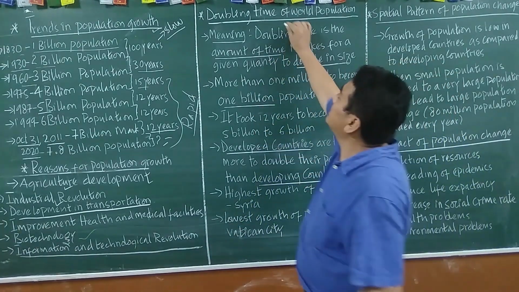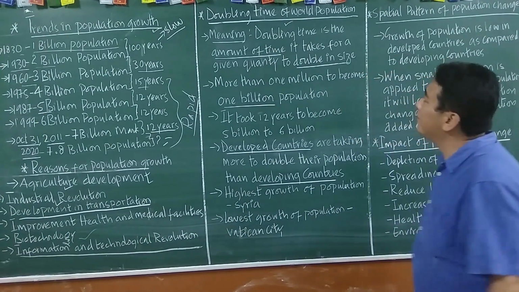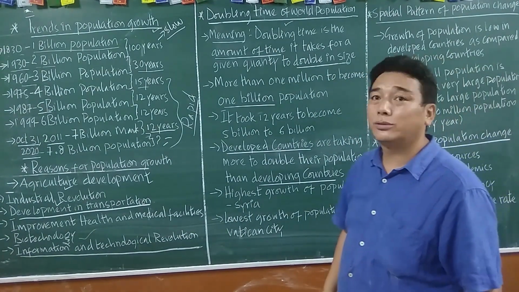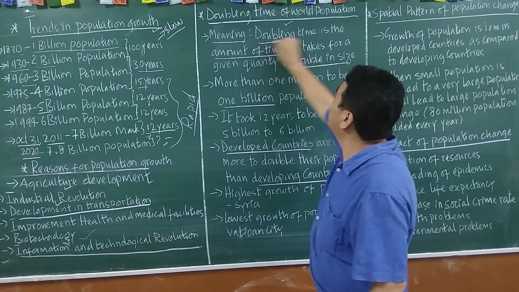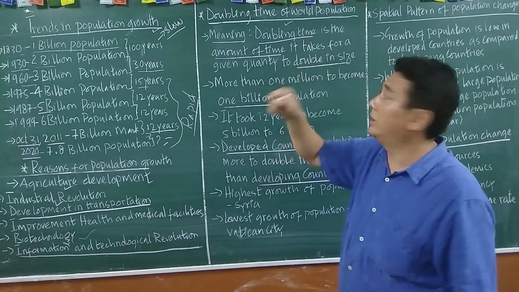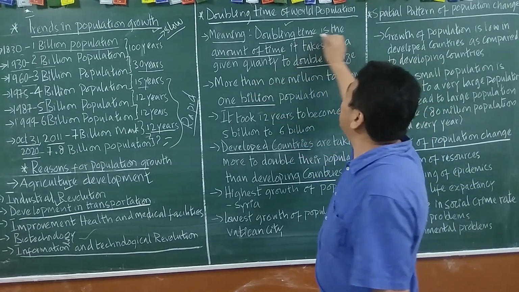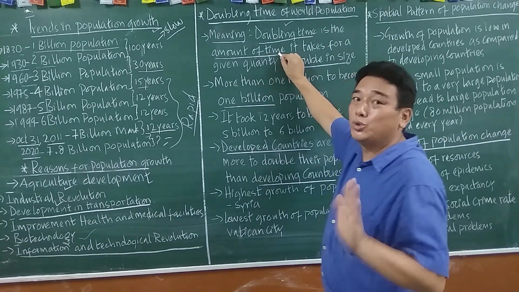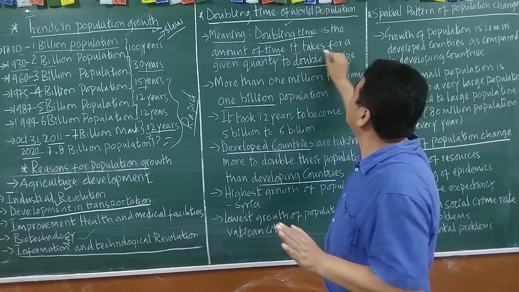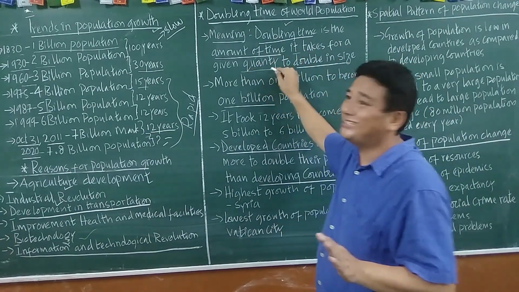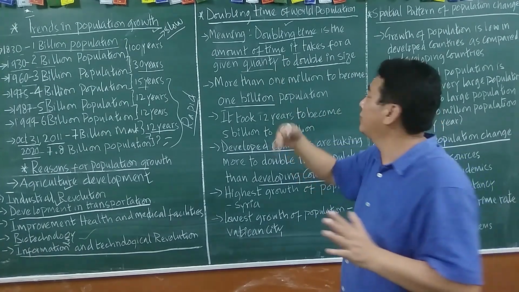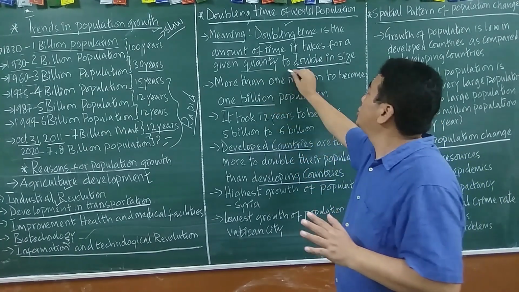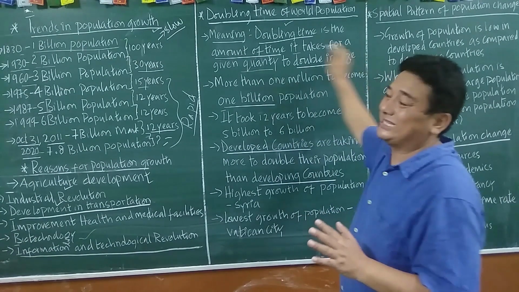Then next, the doubling time of world population. Doubling time is the amount of time it takes for a quantity, the quantity being a number, to double its size.